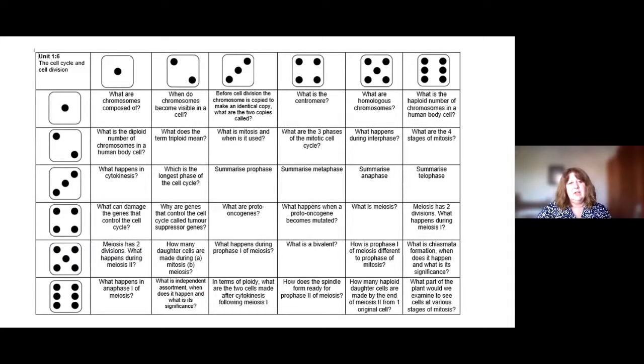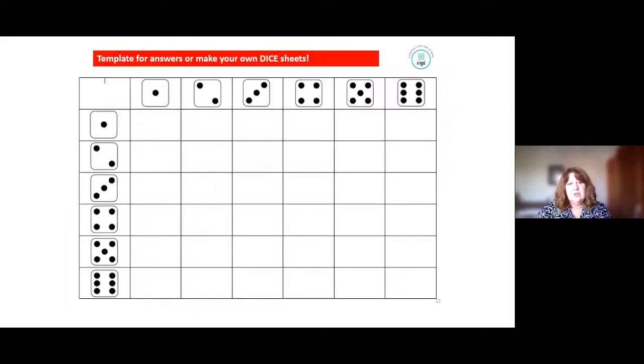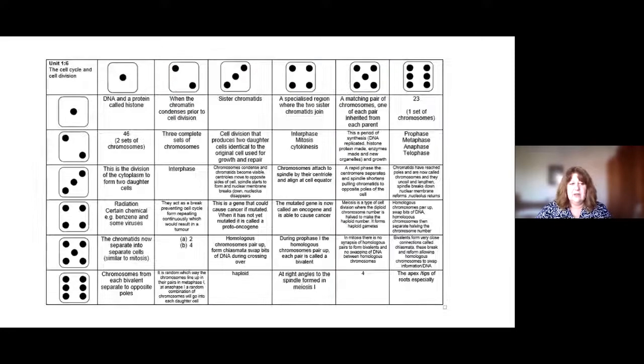And as I said to you last time, there's the dice sheet there. This one talks about mitosis and meiosis, and as I've said to you, you can spend some time writing your own answers and then pause or come back to the answers that I've given you as well. So there we go.